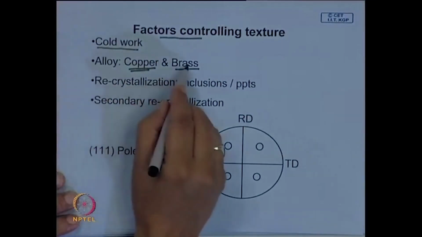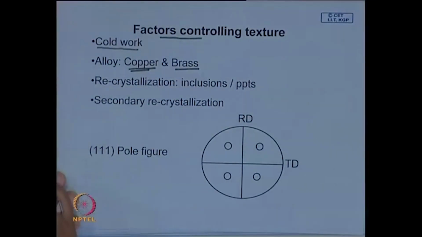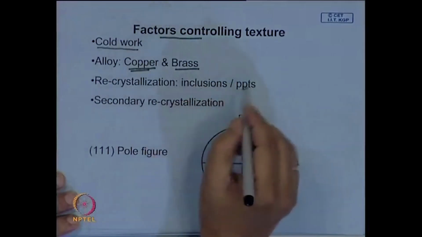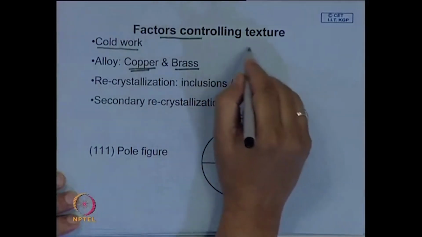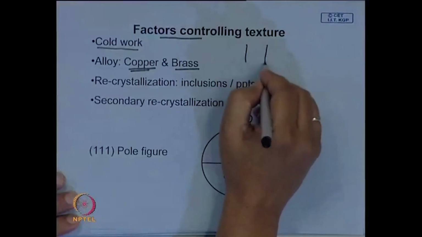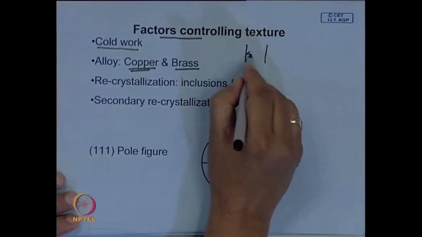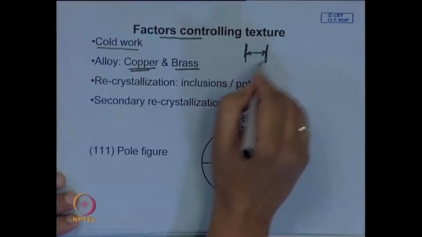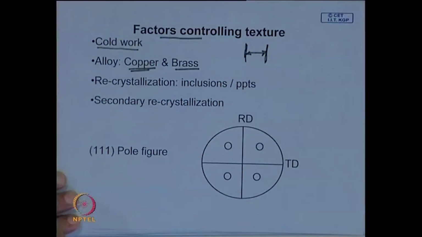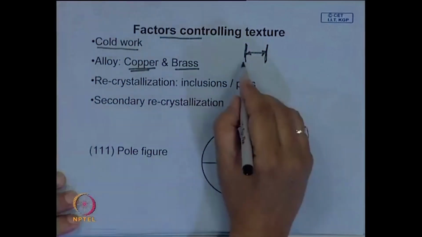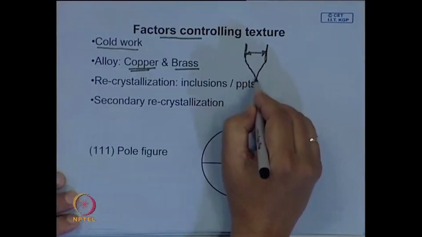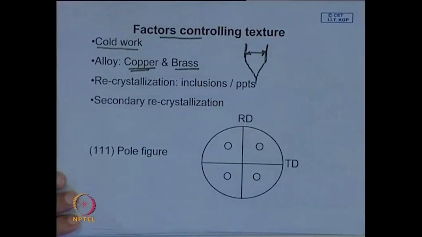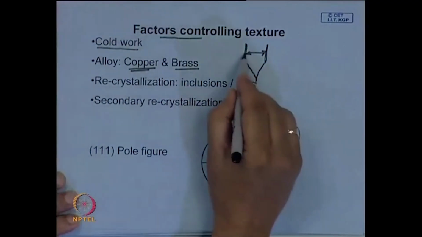Now, when you alloy a material, usually we find that stacking fault energy decreases. So, you have the perfect dislocations, they split up into partials, and low stacking fault energy means a large distance between the partial dislocations. So, if the dislocations are split, they have difficulty in cross slipping.